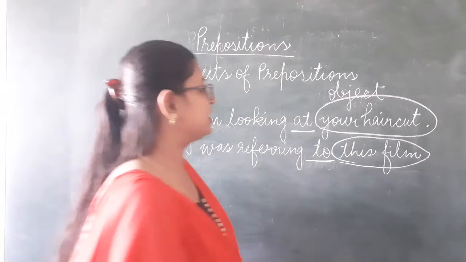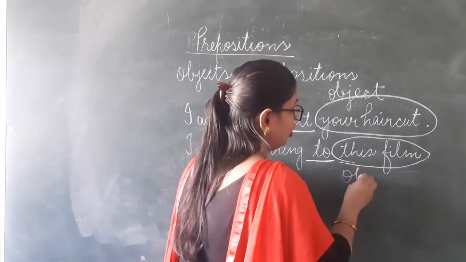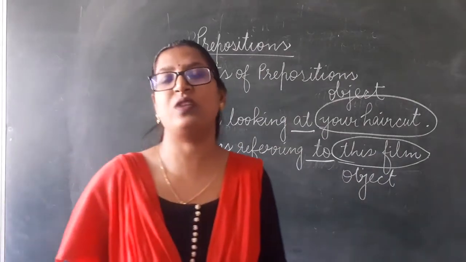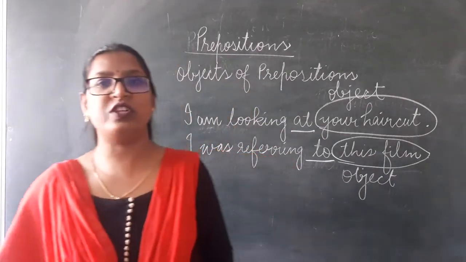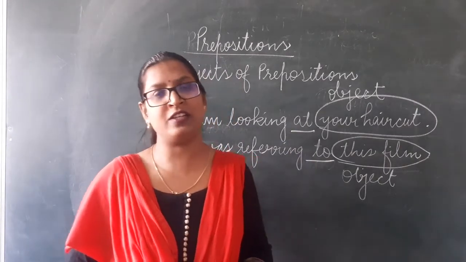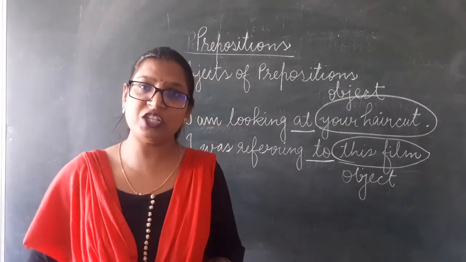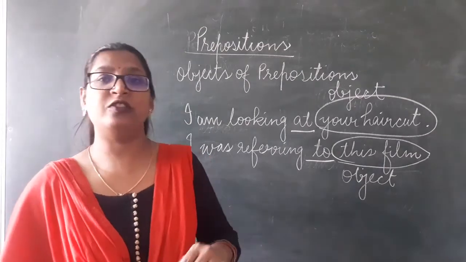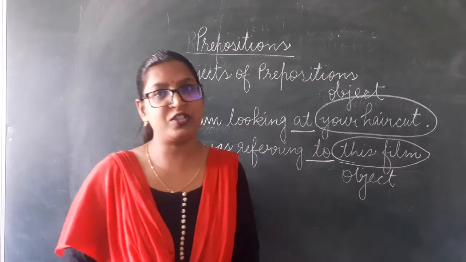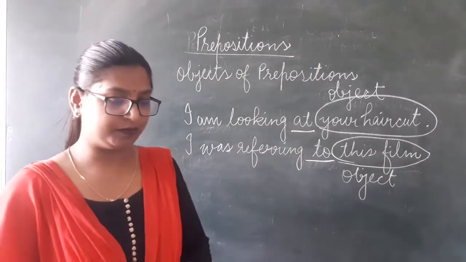So, this film is the object of the preposition to. It is very easy to understand, beta. There is no difficulty at all. You should be able to find out the preposition in a sentence, and then the word which comes soon after the preposition is the object of that preposition.